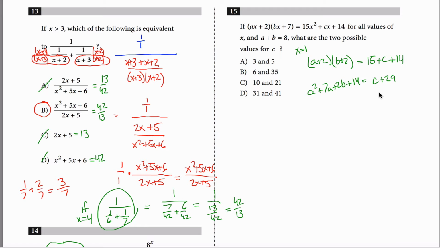And you're like, wait, what's going on here? Now you just have a bunch of letters floating around. How does that help? Well, a plus b equals 8. I know that much. So what are some possible values of c? Maybe at this point we take one of these and say, could c possibly be equal to 3?